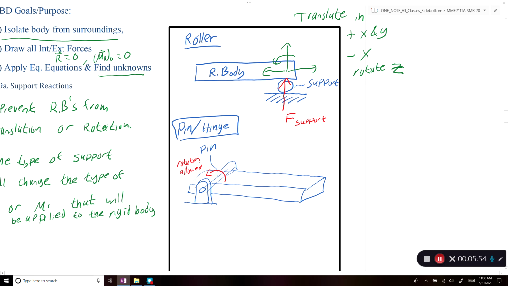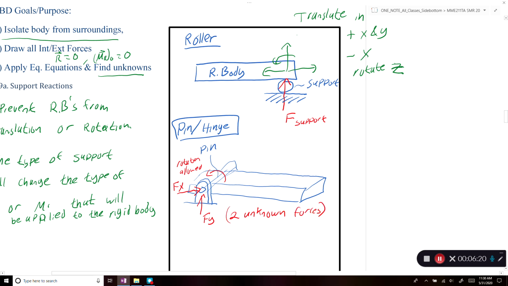It can't move to the left, right, up, or down, but it can rotate about that pin. Because it prevents any translation, we can say that the pin would apply a force along the x-axis or a force along the y-axis. So we have two unknown forces in this case.